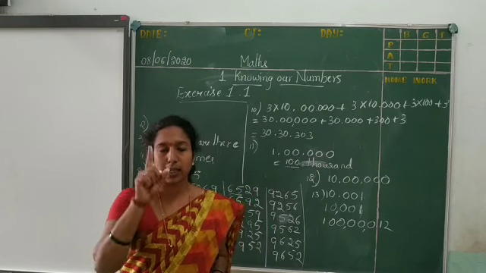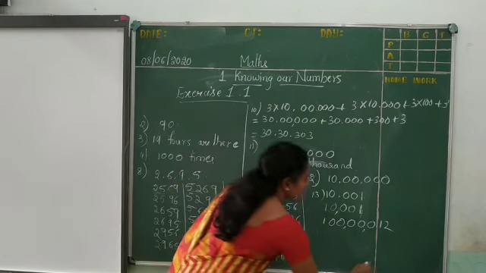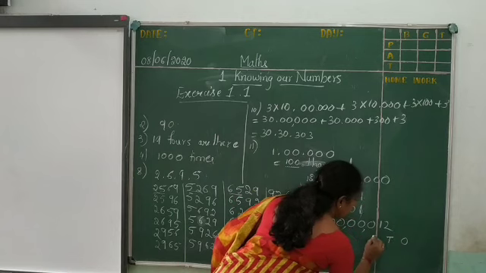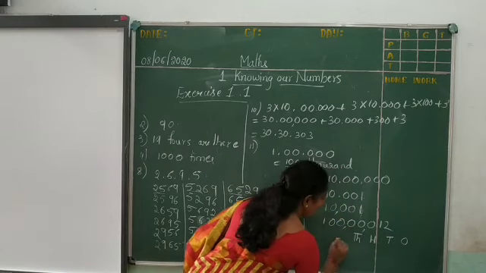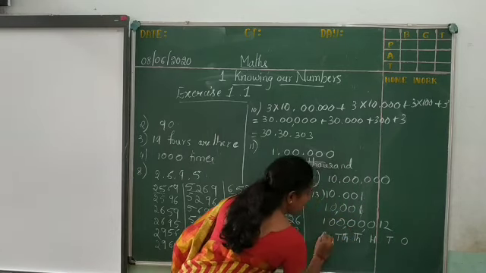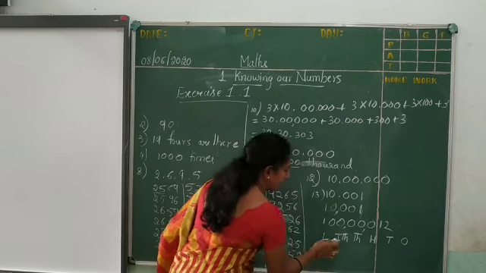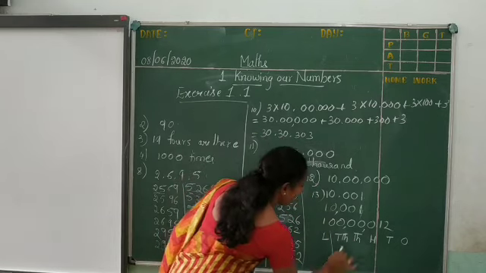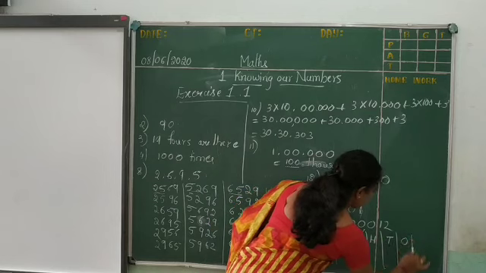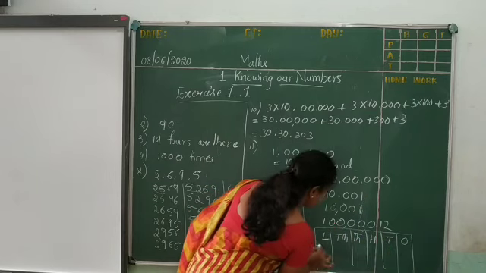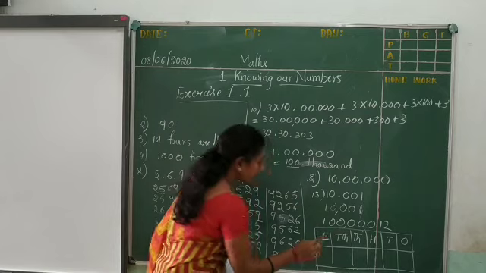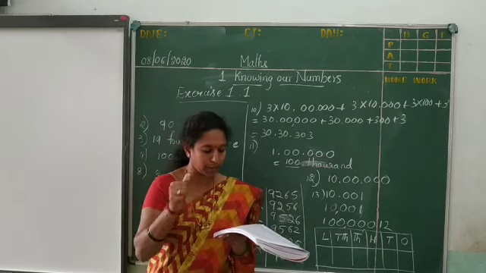So here first thing remember, 6-digit number. I will write here ones, tens, 100, 1000, 10,000 and then lakh. 1, 2, 3, 4, 5, 6. So this is the 6-digit number. Okay.